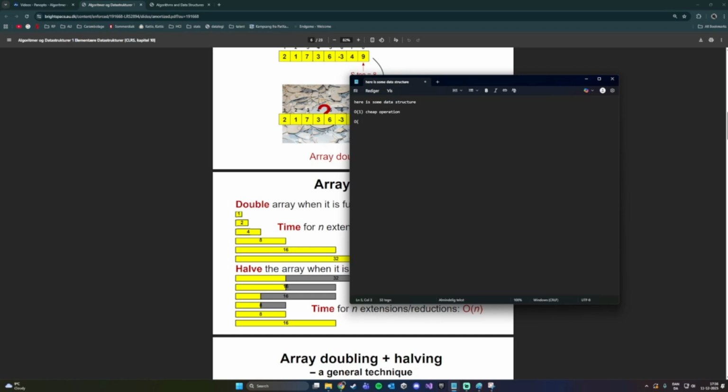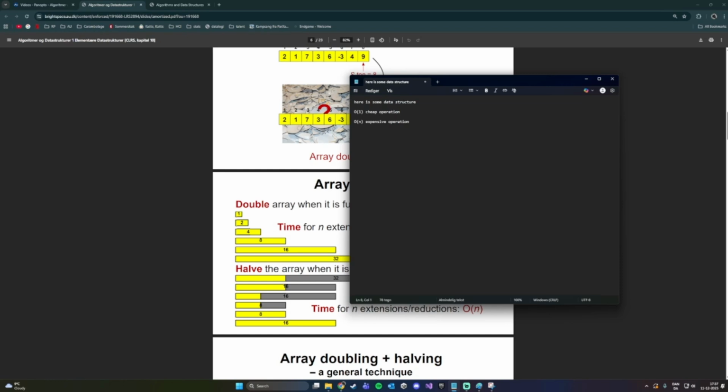And then it'll give you the time complexity of the expensive operation, which is usually linear. And then let's say that you always have n cheap operations before you have the expensive operation. Then you can actually save up an extra constant amount of time during the cheap operations, so that you can pay for the expensive one.